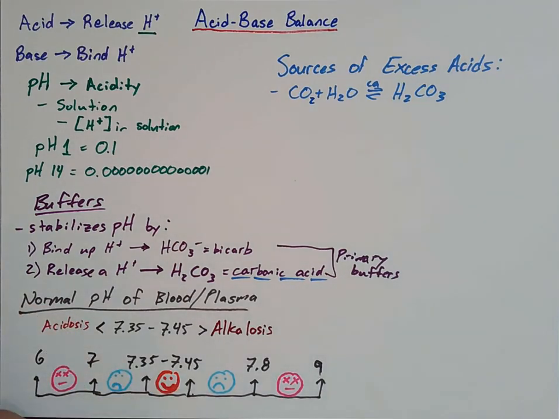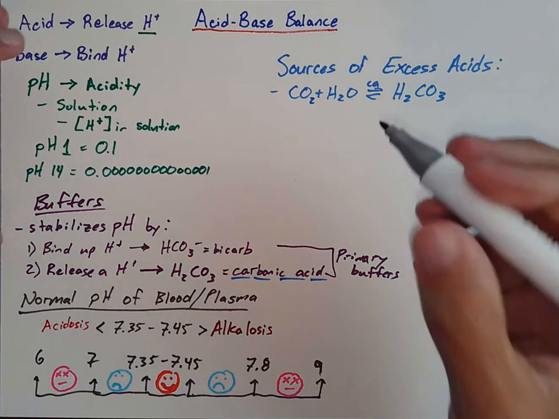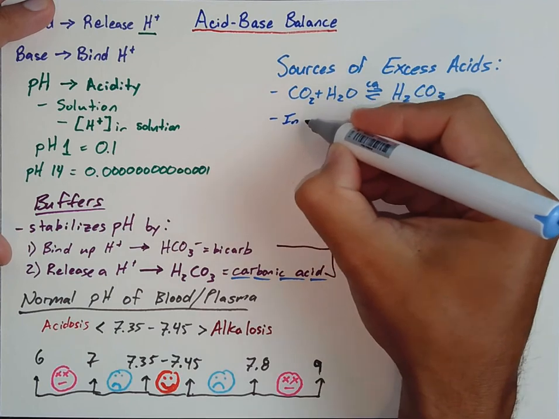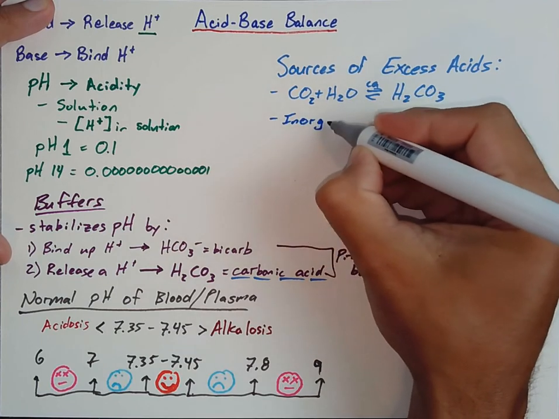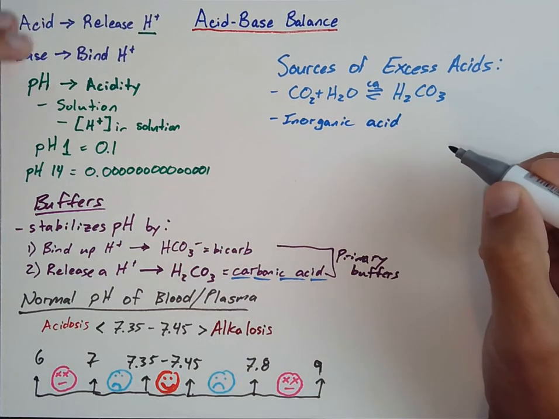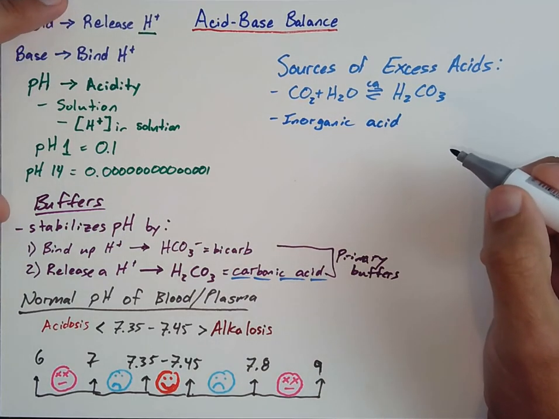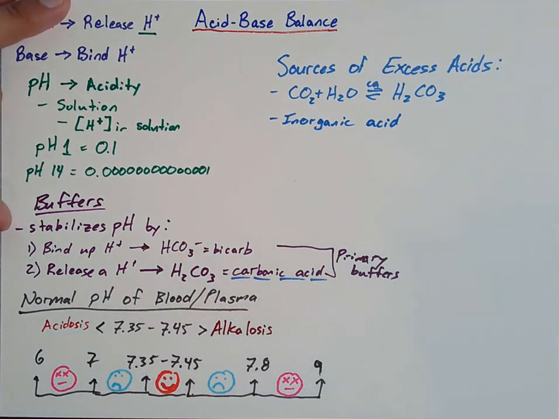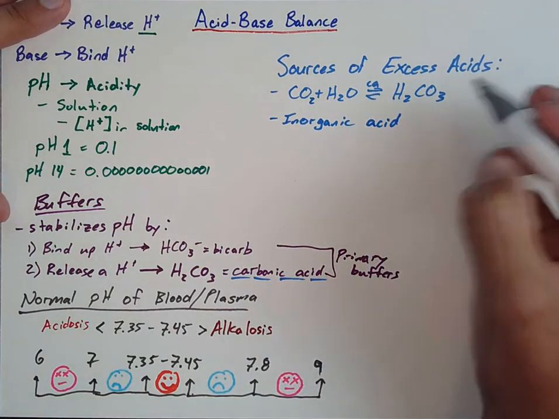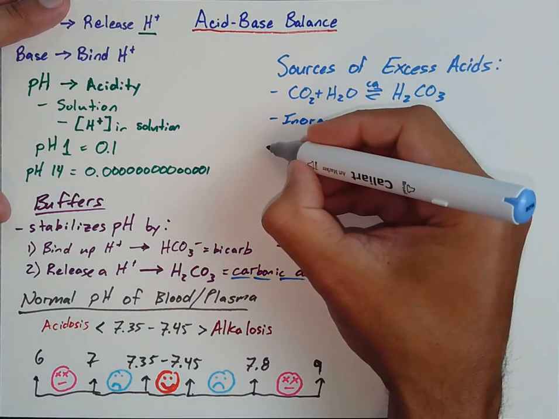There are some other sources of excess acid though, right? There are inorganic acids, and these are produced through processes like nutrient breakdown. If we start breaking down proteins, for instance, the disulfide bonds are going to turn into sulfuric acid. We're going to have phosphoric acids produced as well. So any sort of inorganic acid is also a source of acid, obviously by the name.